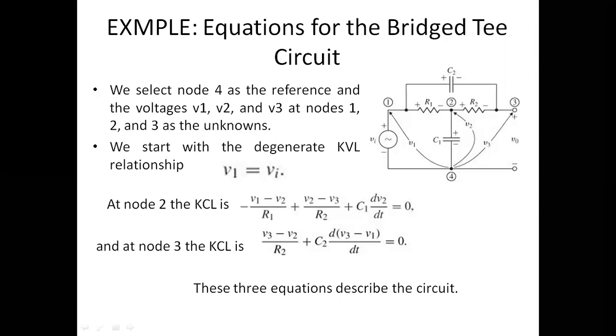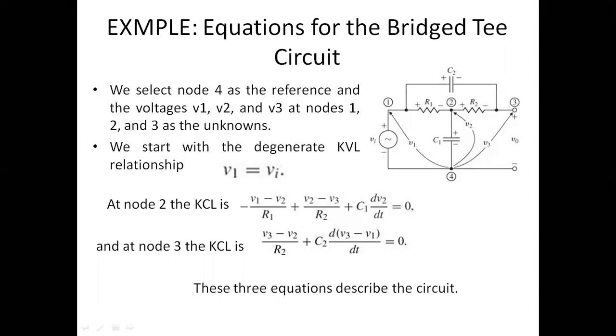Yes, ma'am. Similarly, if I see node number 3, can I verify that also? Node number 3 has how many branches coming? 2, ma'am. One is from R2 and one is from C2. So again over here, the current that is reaching node number 3 for R2 is going to be V3 minus V2 divided by R2.